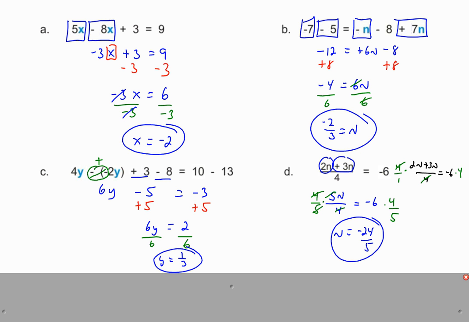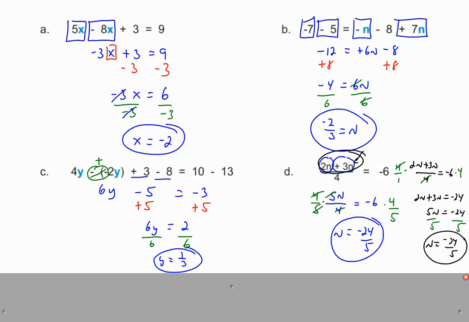Next line would read 2n plus 3n equals -24. 5n equals -24. And look what happens now when you divide both sides by 5. Sure enough, you get the same answer, and you would have to write n equals -24/5. Okay, so that one was different because we could add the like terms in the numerator. If you can't, then you got to treat it as the special case.